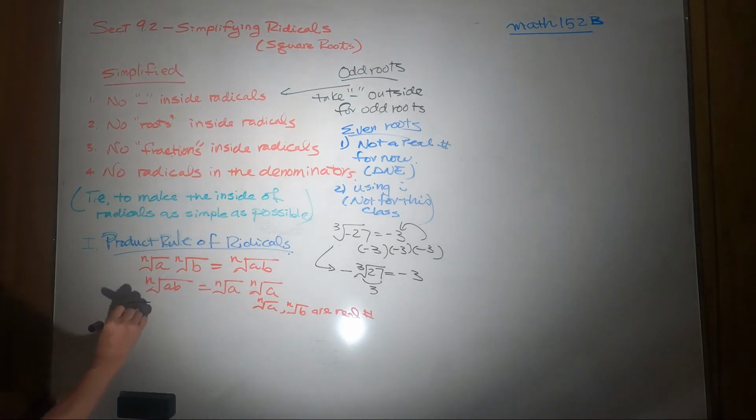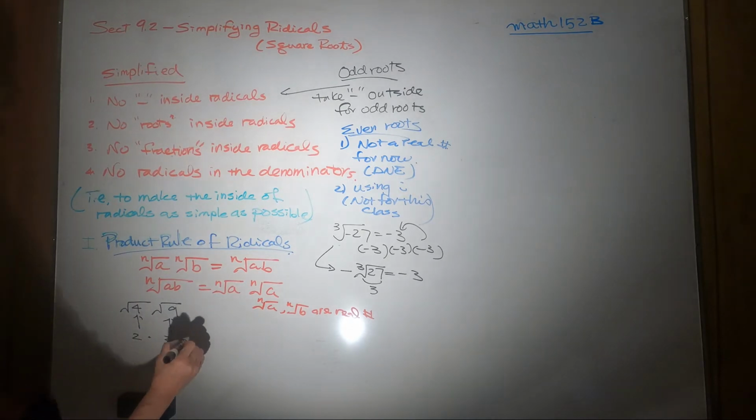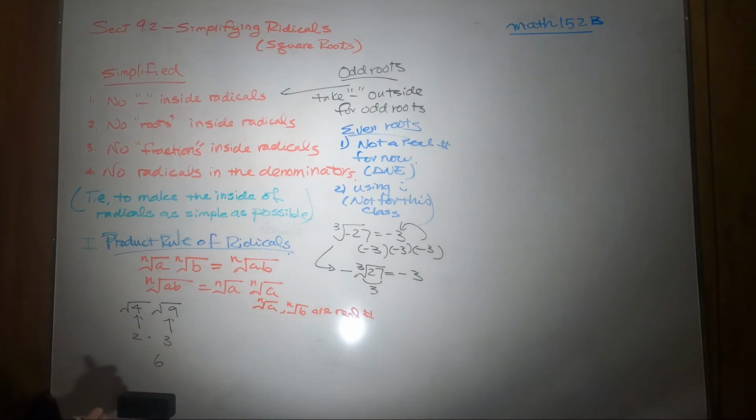You can take a look. If it's the square root of 4 times the square root of 9: the square root of 4 is 2, the square root of 9 is 3. When you put the two radicals together with nothing in between, it means multiplication. So that would be 6, right?